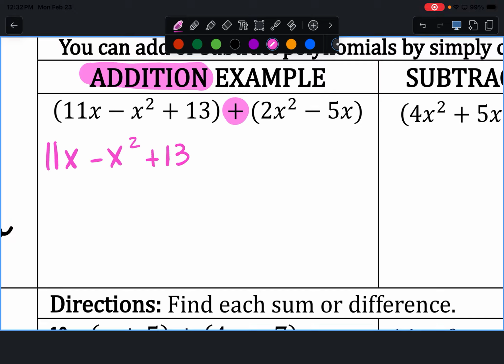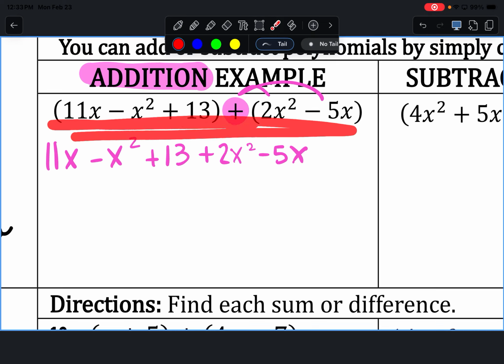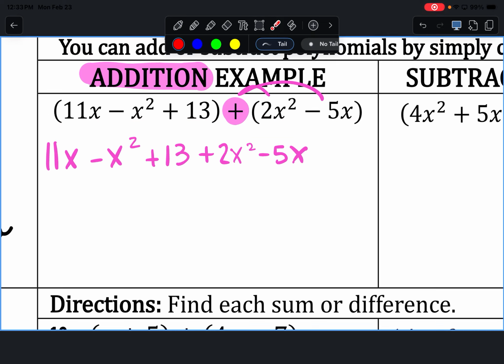Now, with addition, when you multiply by something by a positive, does it change the sign? No. So whenever we do this, a positive and a positive is just a positive, so 2x squared. And a positive and a negative is a negative, so it'll be negative 5x. So whenever we add, nothing in this changes. It's just the same thing being brought down, okay?